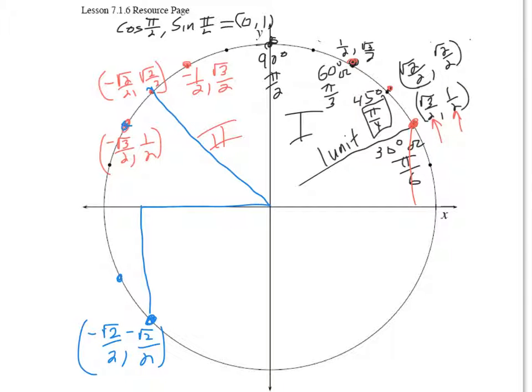It's also going to have a negative square root 3 over 2 for x, because we are going backwards, or we're going into the negative side on the x-axis. But y is also negative because we're going down, so that's going to be then a negative 1/2. And this point would be right in here.